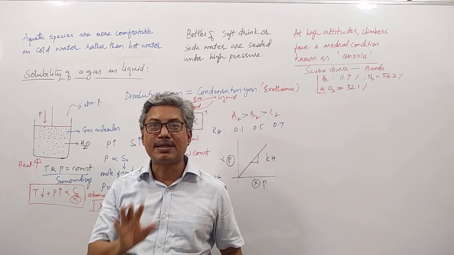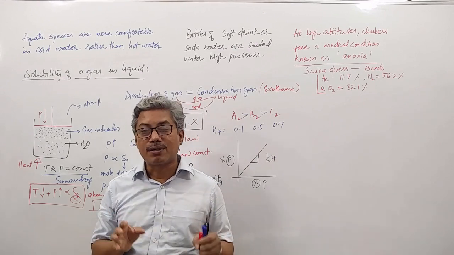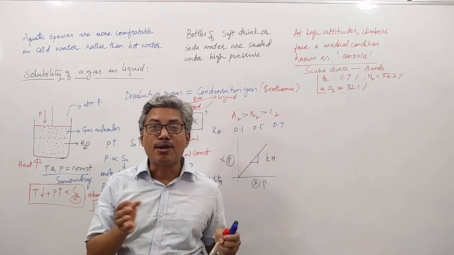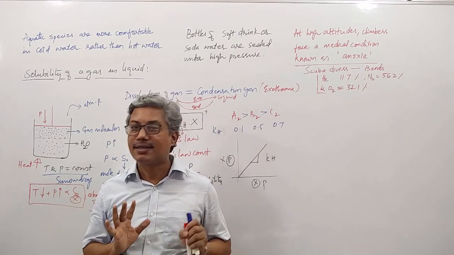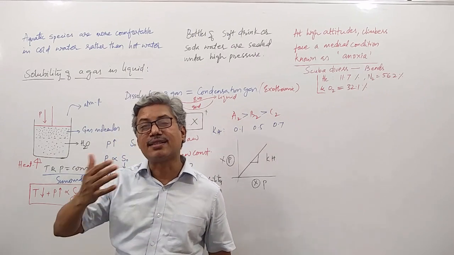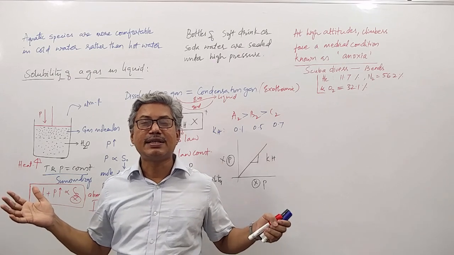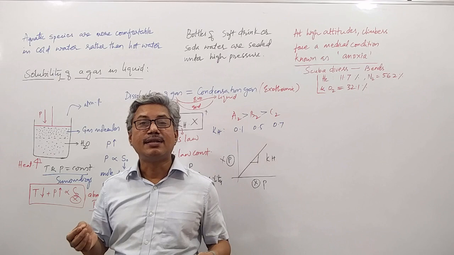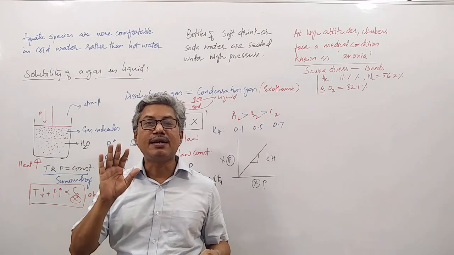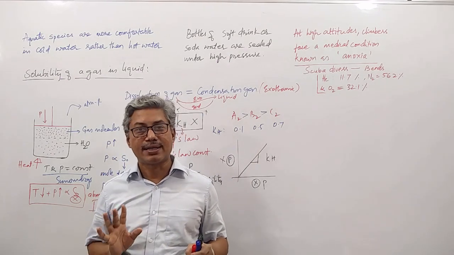They feel more comfortable in cold condition because in cold condition, dissolved oxygen is more. That means they can breathe very easily. Clear, students? And if you heat the system, that means if the aquatic life is at warmer condition or at higher temperature, dissolved oxygen will be reduced. Is it clear, students?